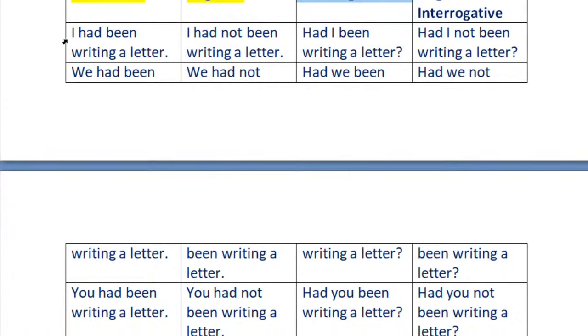Let us see other examples. We had been writing a letter. We had not been writing a letter. Had we been writing a letter?